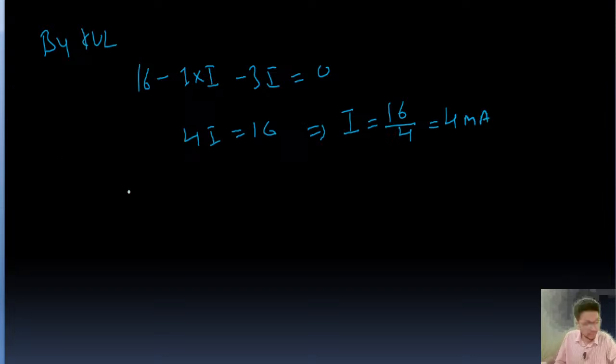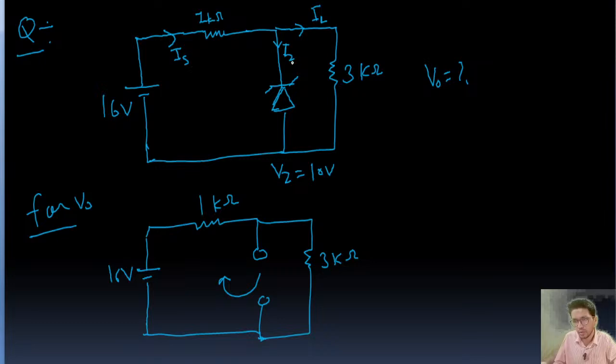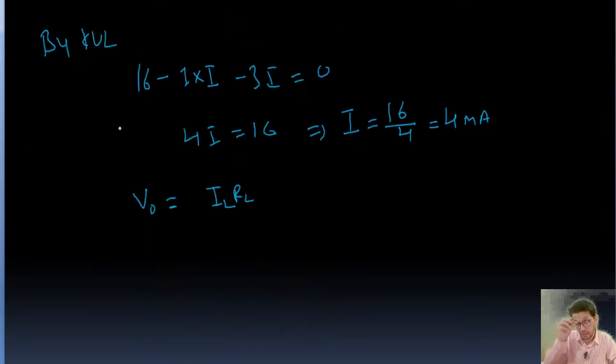So now I will find the voltage. We know that the output voltage is IL into RL. RL is given as 3 kilo ohm, and because this is open circuited, this I is going to be IL. So we have found it, that is 4 milliampere.